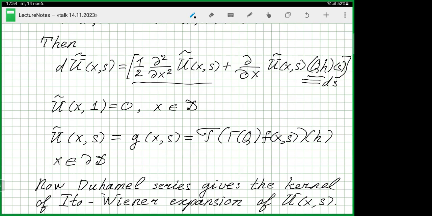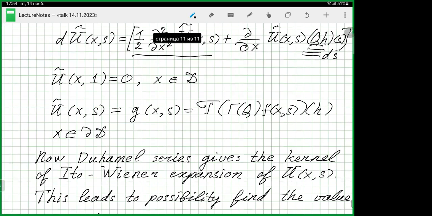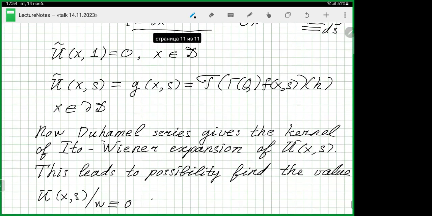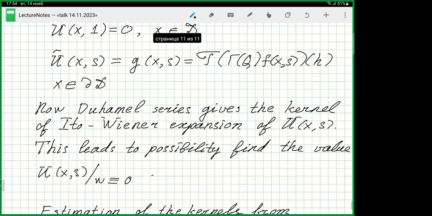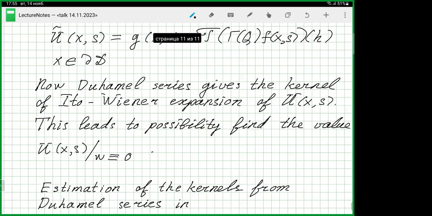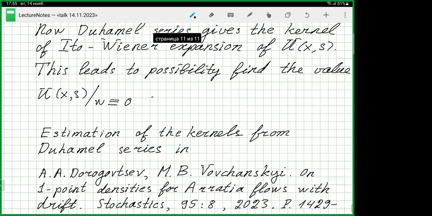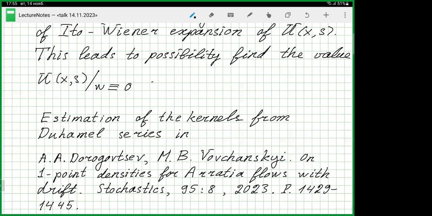Then recall that Q can be Hilbert-Schmidt, but one can use the properties of the kernels of the Ito-Wiener expansion. And surprisingly, we studied the estimation of the kernels from the Duhamel series in a paper which was devoted to a very different object, the one-point densities for Arratia flows with drift.